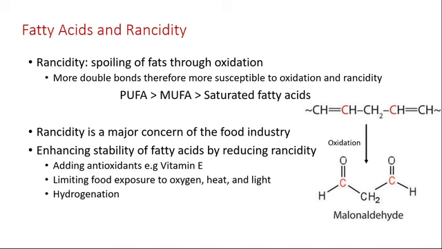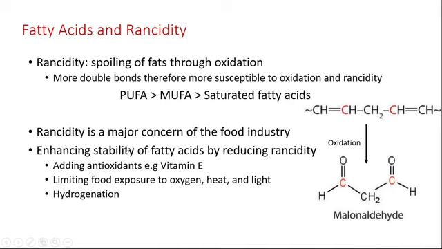A fat can be broken down by hydrolysis, as well as spoiled through oxidation. And if you look at the oxidation, fats containing more PUFA are highly prone to oxidation compared to MUFA and to those containing saturated fatty acids.